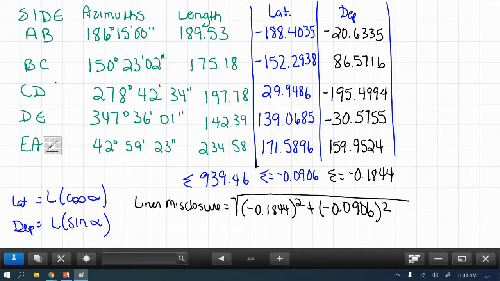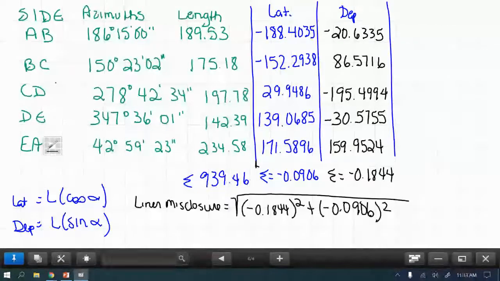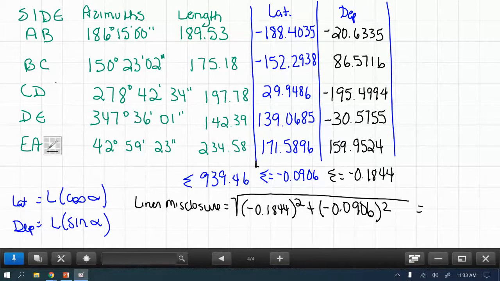If you get something like, I'm going to write the answer over here, like 0.2054549099. Oh, now I've got it all the way out.